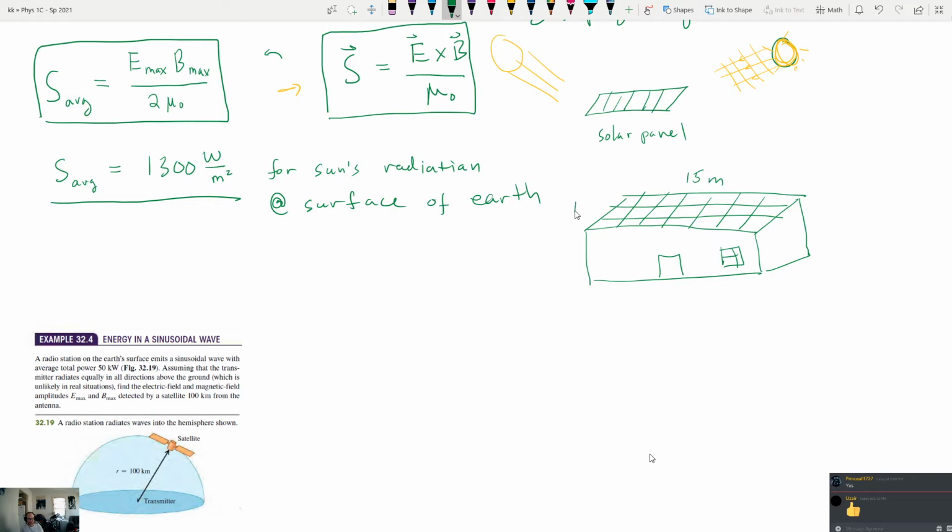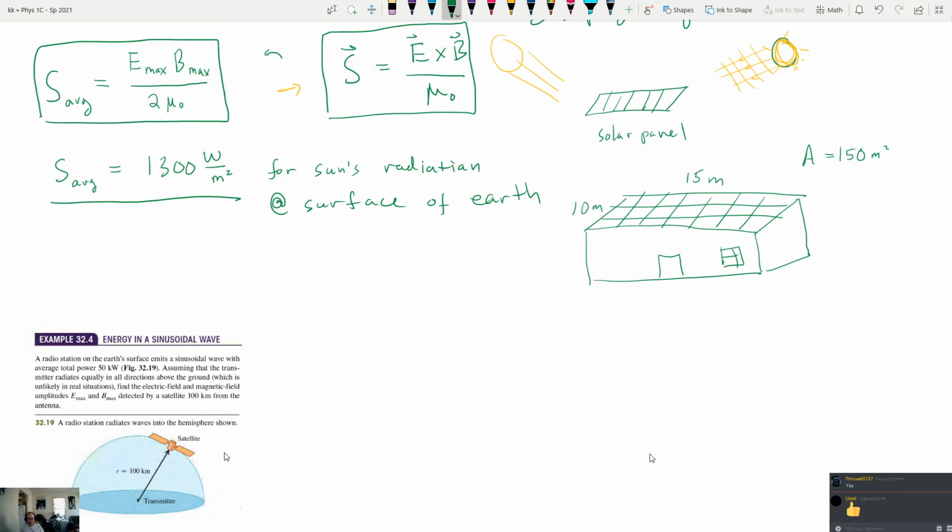Maybe this side over here is like 10 meters. Is that reasonable? Regardless, let's say you have 10 by 15 meters of solar panels on your roof. That's a pretty big house, actually. But whatever, we'll go with that. Okay, so the area of the solar panels that are on top of this house would be 150 meters squared, right?